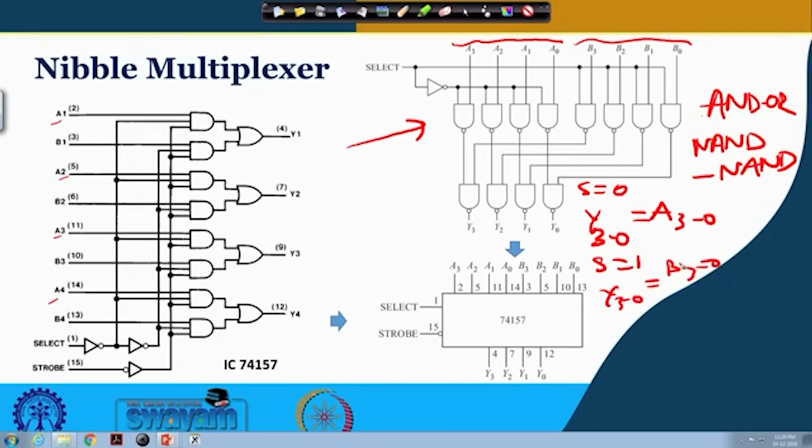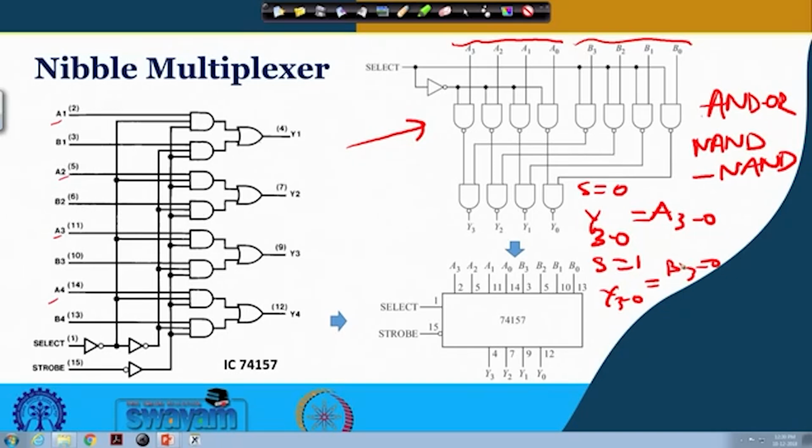Is it fine? So this selection of 4 such bits as a group is called a nibble. This is also known as a nibble multiplexer, and it has its usefulness.